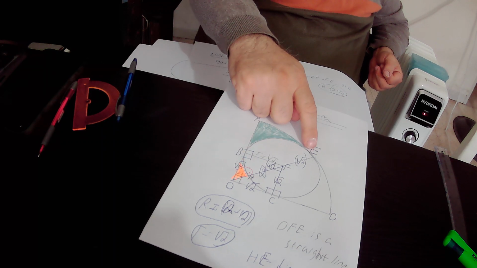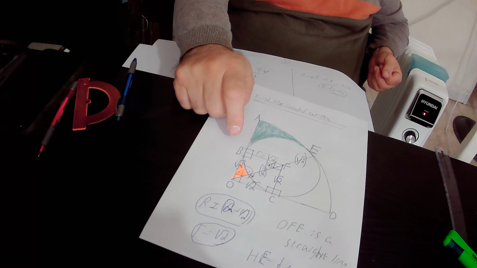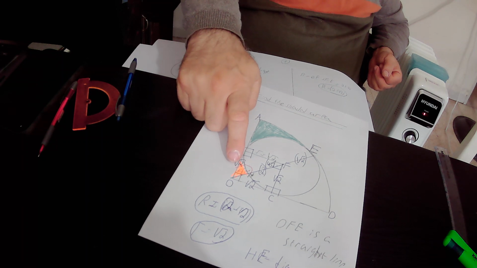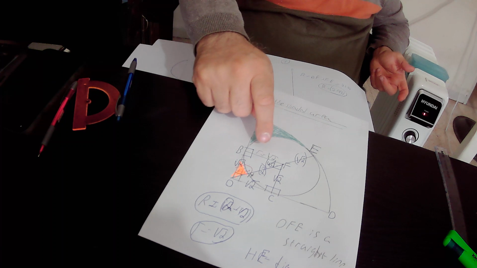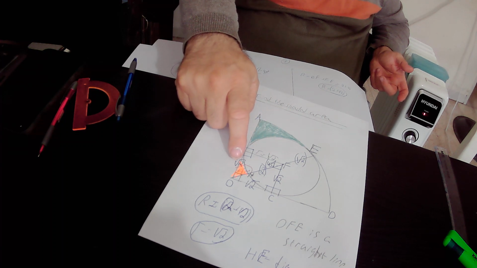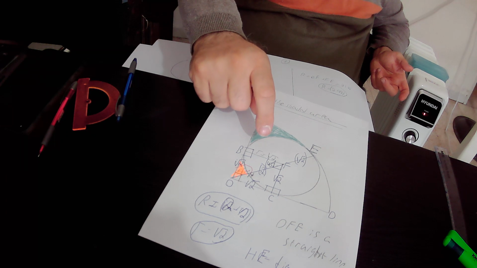Point E is a point on the big circle itself, therefore OE is the radius of this circle. And we already found out that OFE is one straight line, therefore OE is indeed the radius of the big circle.